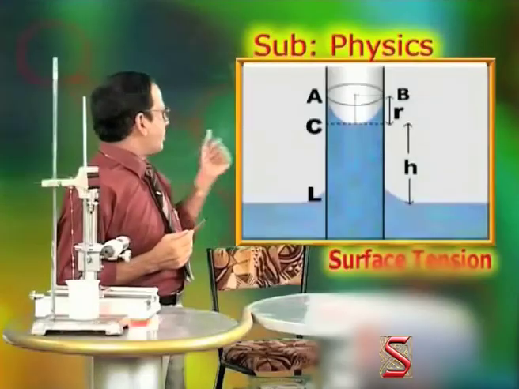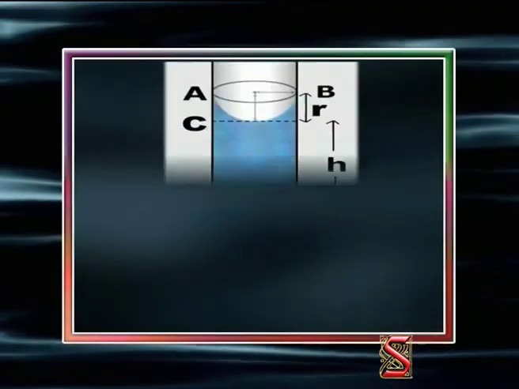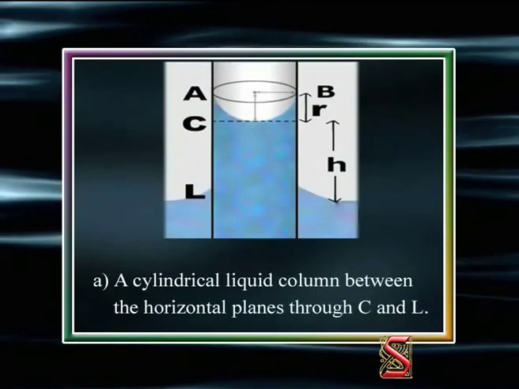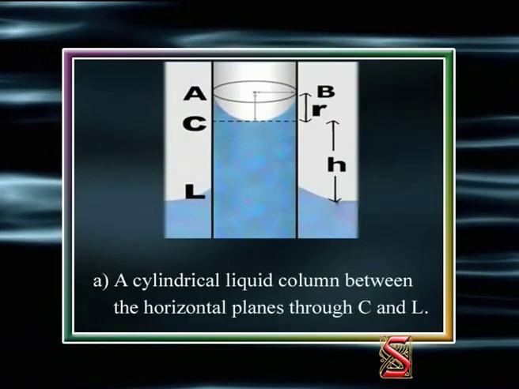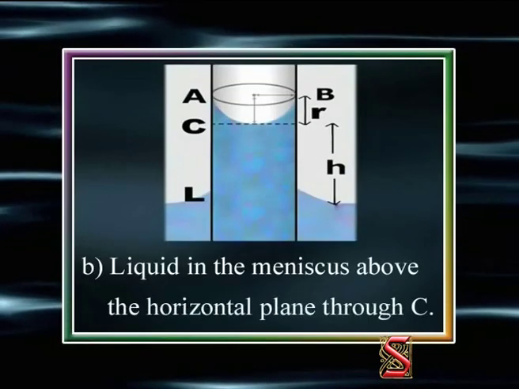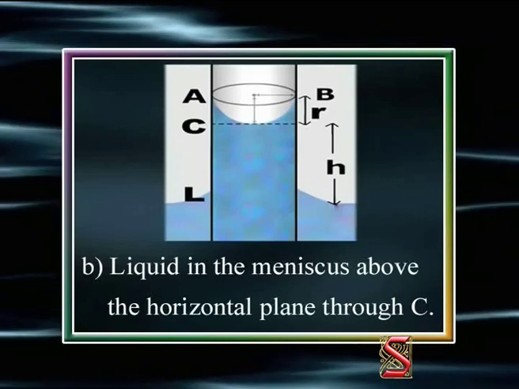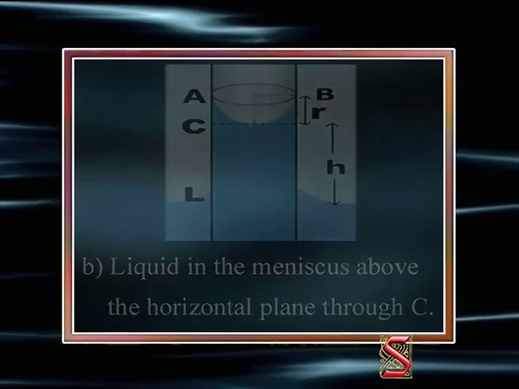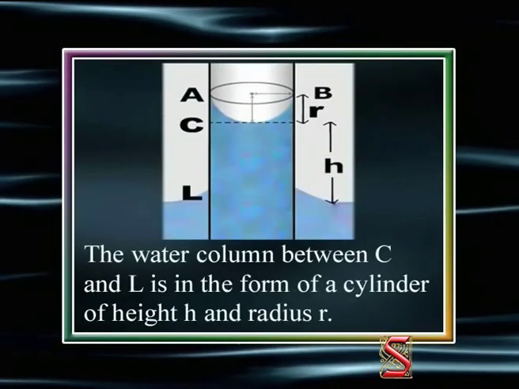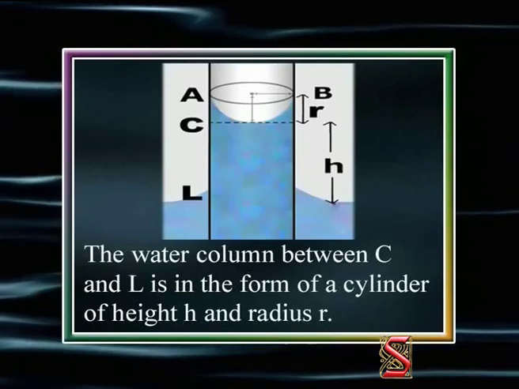Now, in this diagram, the lifted liquid can be assumed to consist of two parts. Part A is a cylindrical liquid column between the horizontal planes through C and L. And part B is the liquid in the meniscus above the horizontal plane through C. The water column CL is in the form of a cylinder of height h and radius r.